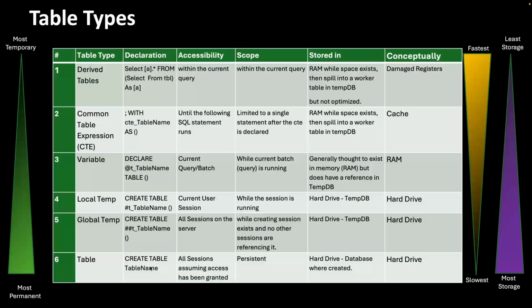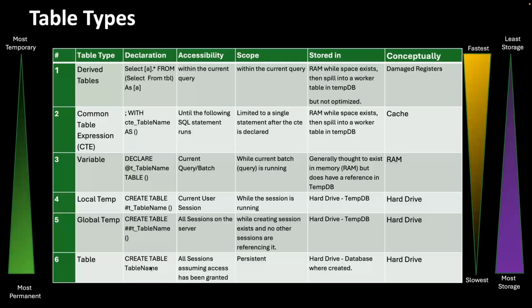Let's talk about common table expressions, CTEs. These ones are orders of magnitude better. They are still super fast in comparison. If we were to liken it to our previous chart, they are kind of living in the cache land. There's not a whole lot of space that should be had with them, and if you cross that amount of space, you're going to be dumping into RAM, and so you're going to be getting into some of that slower performance.